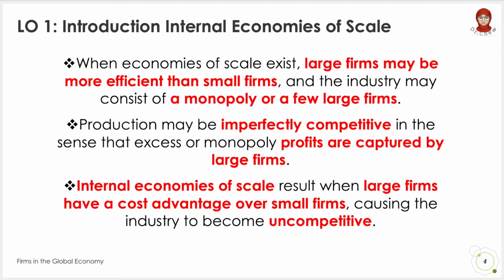If this happens, production may be imperfectly competitive, also known as an imperfect competition market, in the sense that excess or monopoly profits are captured only by large firms. Simply said, internal economies of scale result when large firms have a cost advantage over small firms, causing the industry to become uncompetitive.